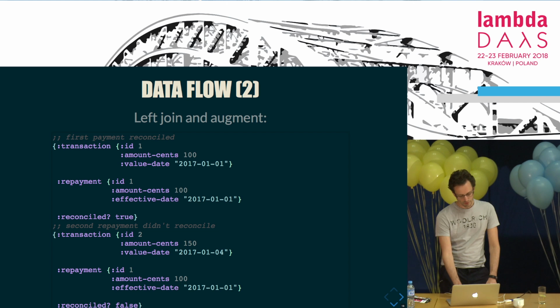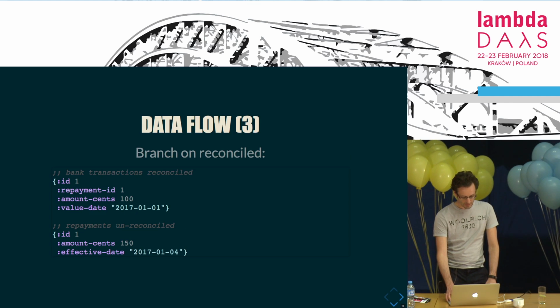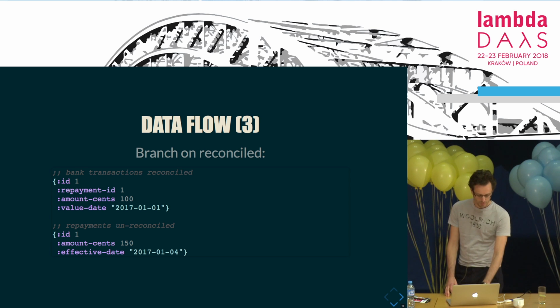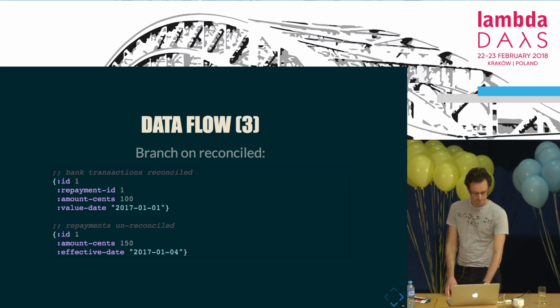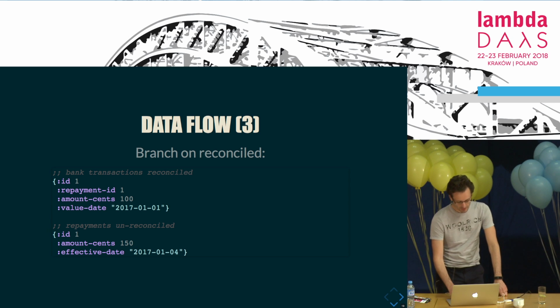So for the first one, transaction 1, repayment 1, reconcile, yes, and the second case they don't, so here is false. So once I've done that, I can actually branch, and then the output would be bank transaction ID1 and repayment ID1, and this one reconciles, and then this one goes to the repayments unreconciled topic instead, because it didn't.